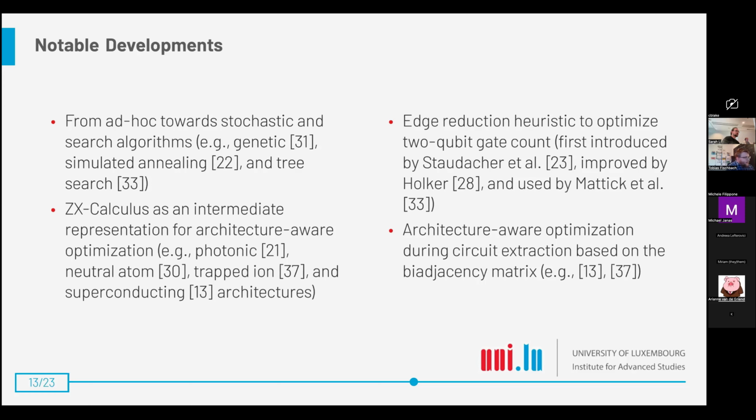I think the advantage is that right now we don't know what architecture will be dominant in the end. The lingua franca is still having a quantum circuit. So while I don't see the problem now with circuit extraction with photonic quantum computing, I still see the application of the ZX calculus there as an intermediate representation, because normally you start out with a quantum program in the form of a quantum circuit.